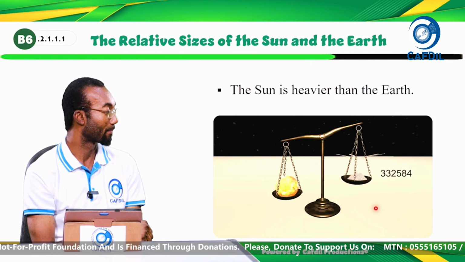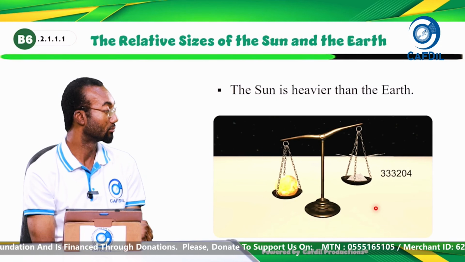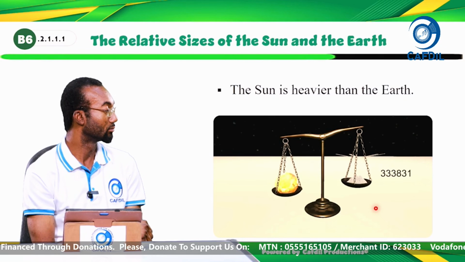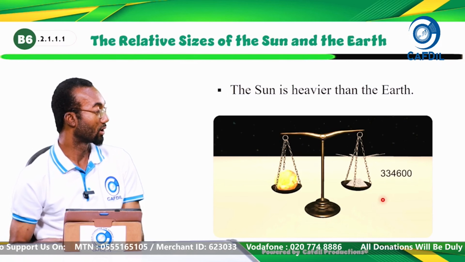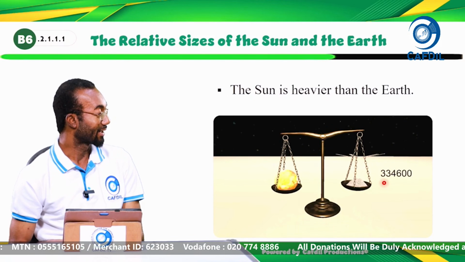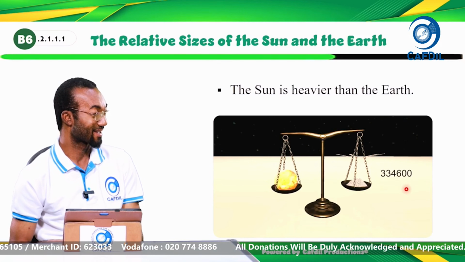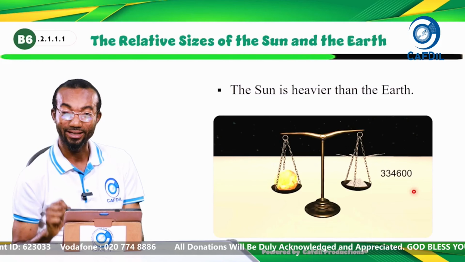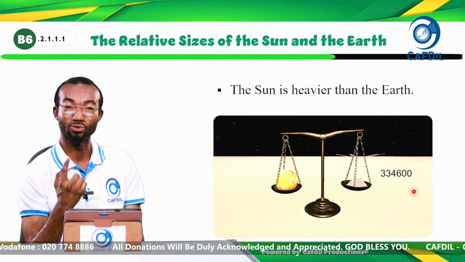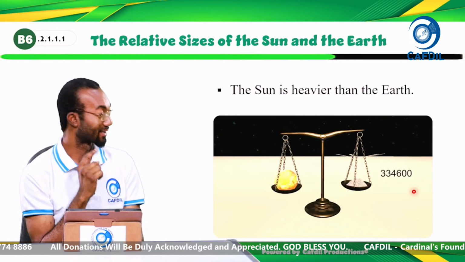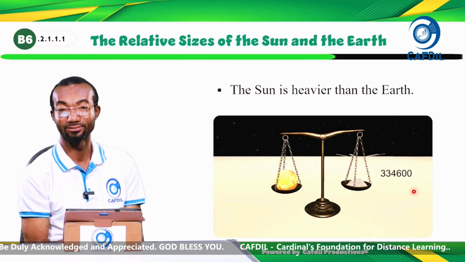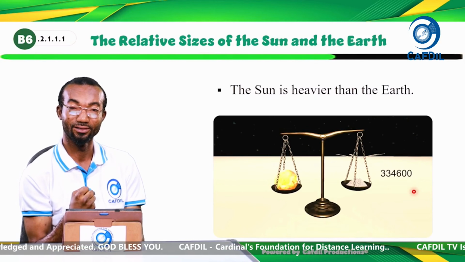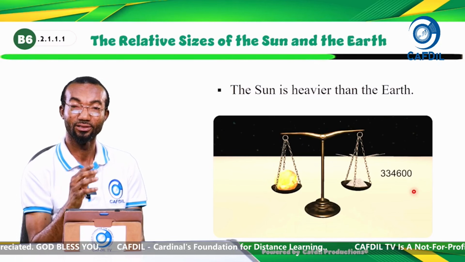So we are counting. 334,600 sizes of earth is equal to the weight of the sun.